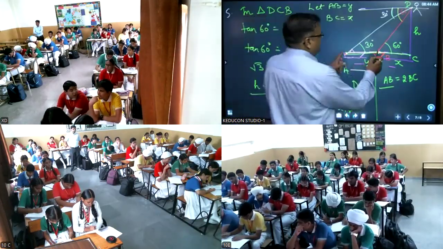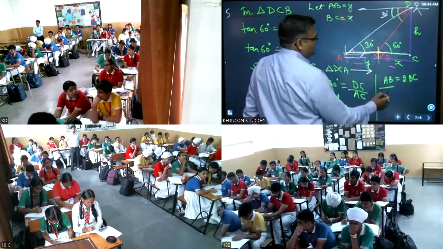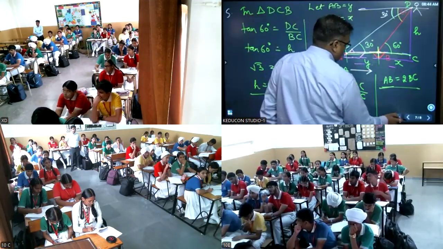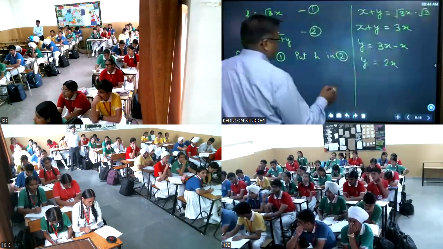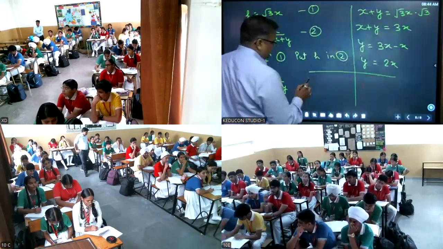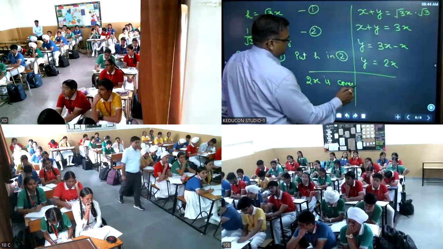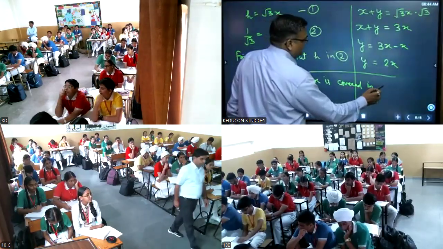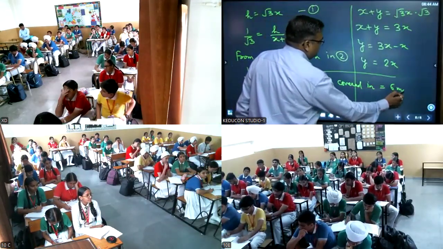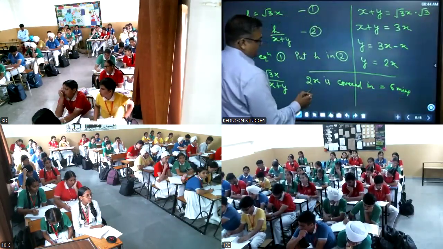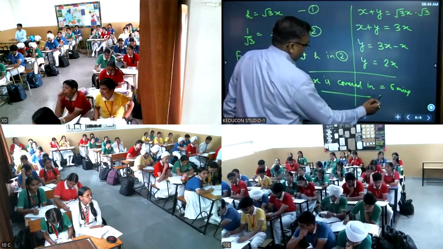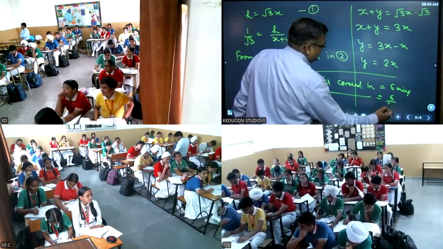This distance, 2x distance, is covered in 6 minutes. Apply the unitary method. So how much time will the x distance take? 6/2x into x.